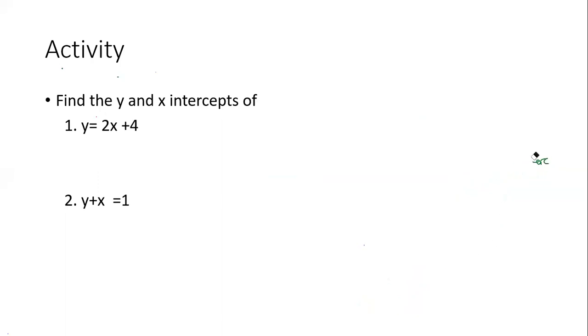Now they are going to be asking you to find the y and the x-intercept. Whenever they ask for the y-intercept, one thing you need to know is that always x equals 0. So in your equation y is equal to 2x plus 4, x is 0, so y is equal to 2 times 0 plus 4, which is 0 plus 4.